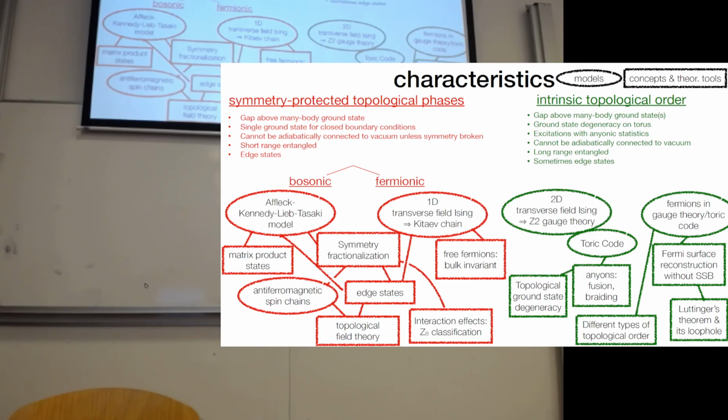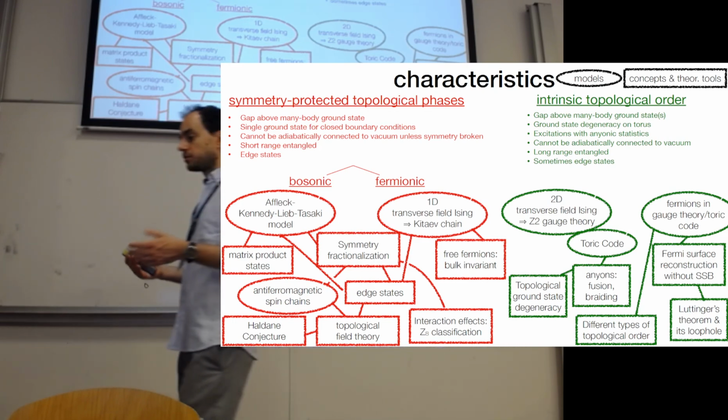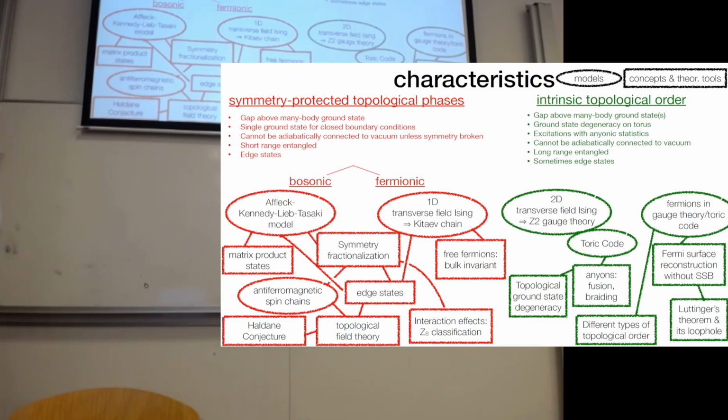And we discussed how this number of fermions changes the low energy physics and this Haldane conjecture, which states that spin 1 or integer spin chains are gapped, but half odd integer spin chains are gapless. So this is what we discussed, and if you wish, we can take questions on this.